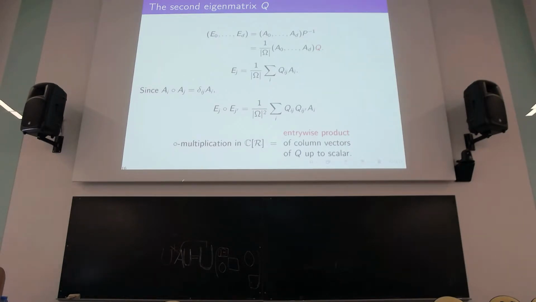So the Schur-Hadamard multiplication in the adjacency algebra is nothing but the entry-wise product of the column vectors of Q, up to some scalar, because we have a scalar here.